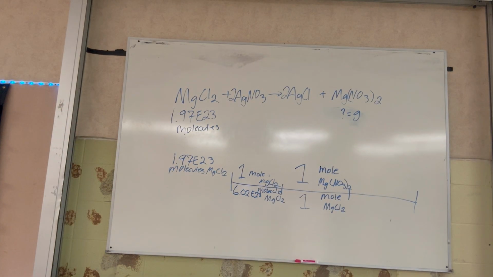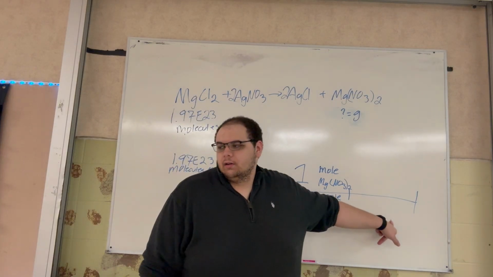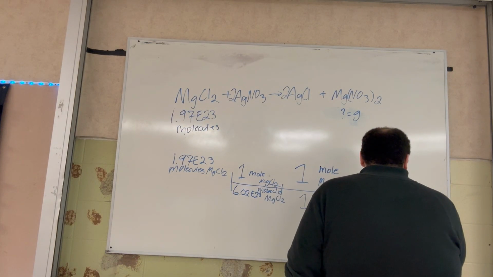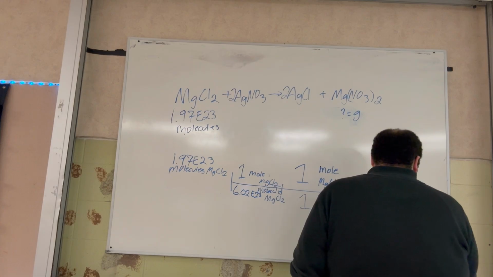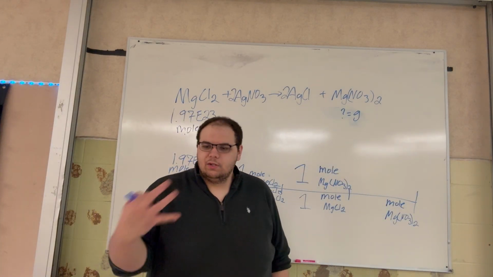Am I done or do I need to keep going? I need to keep going. If I have moles of magnesium nitrate here, what am I going to have down here? The diagonal drag. It never fails. The max steps you can have is 3 steps.